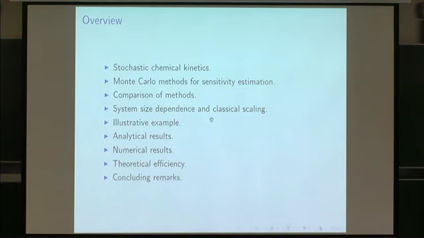And then a quick overview of the Monte Carlo methods for sensitivity estimation, a comparison of those methods, and then the explanation seems to depend on system size for the difference among the methods, and explain using that via a simple illustrative example where you can calculate things analytically, and then present some theoretical results, show some numerical results that verify the theoretical result, and speculate on some theoretical efficiencies.